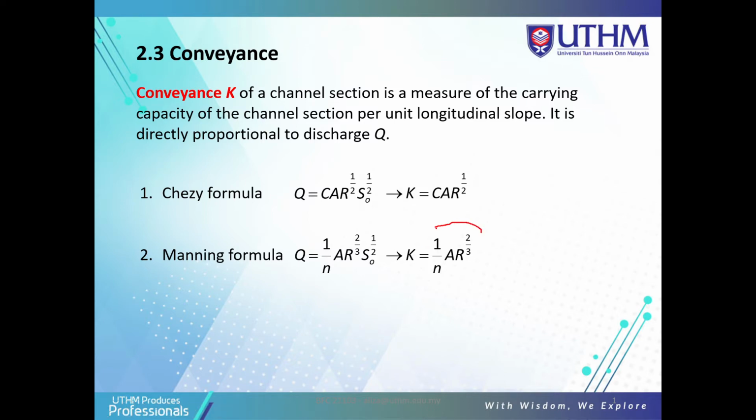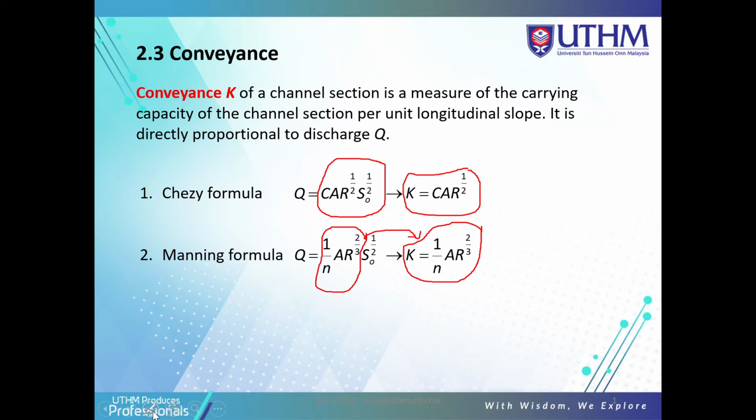This is called the conveyance K. The C A root R is the K. So this is the conveyance K of a channel section, a measure of the carrying capacity of the channel section per unit longitudinal slope.